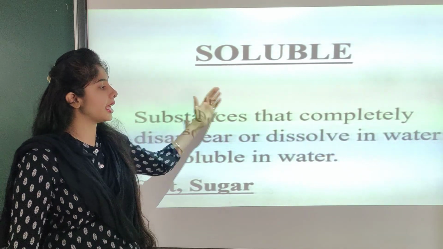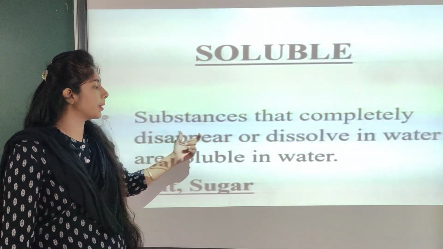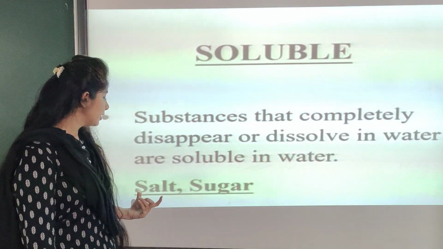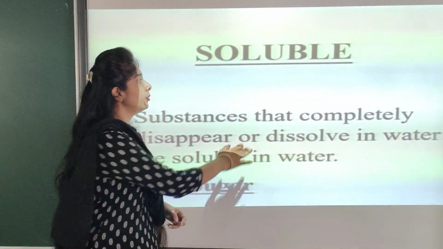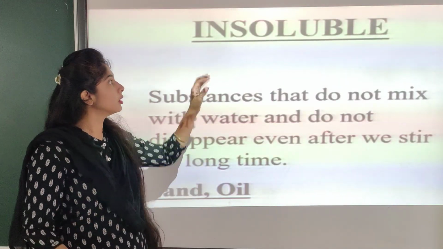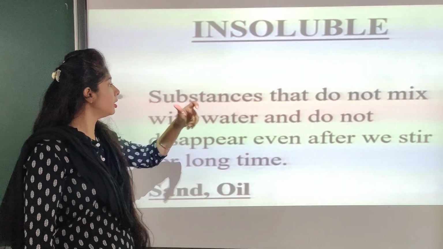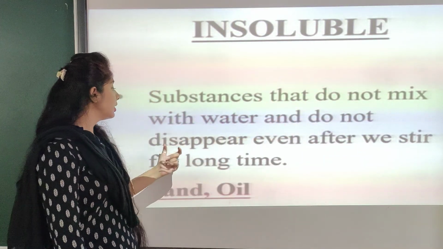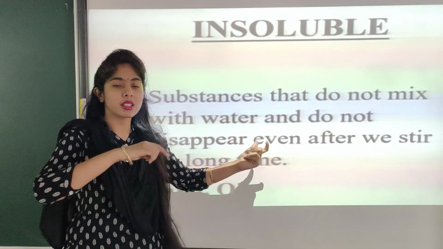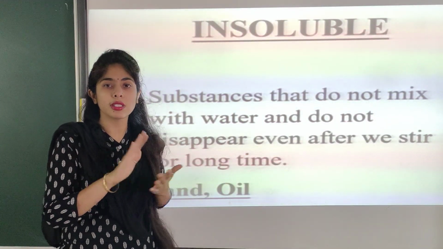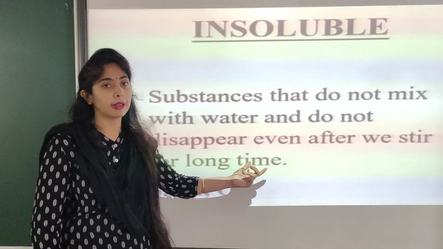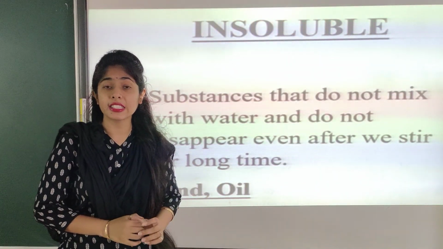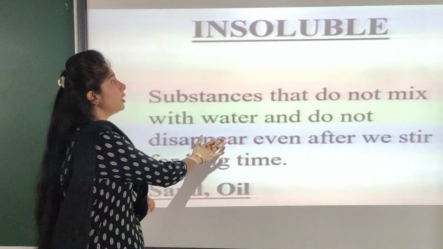Substances that completely disappear or dissolve in water are soluble in water, like salt, sugar, okay, ink. Then insoluble material, substances that do not mix with water and do not disappear even after we stir. Even if we stir it, it will not disappear for a long time. For example, oil. So that will be considered as the insoluble material.